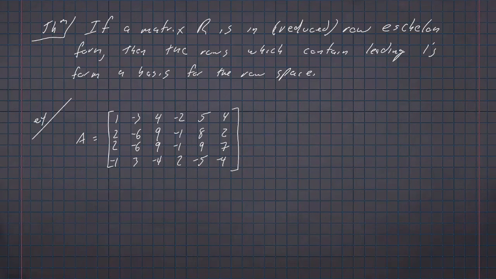And -1, 3, -4, 2, -5, -4. We want to find a basis for the row space of this matrix. And so to do that, our goal is going to be to rewrite this matrix in reduced row echelon form, or again, just row echelon form technically is good enough.